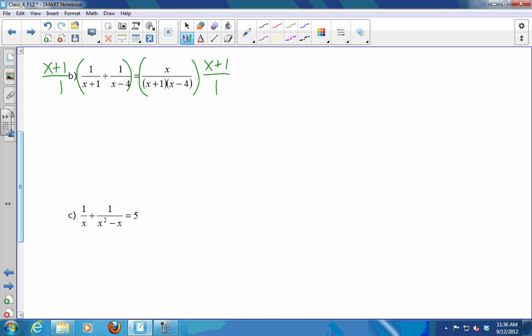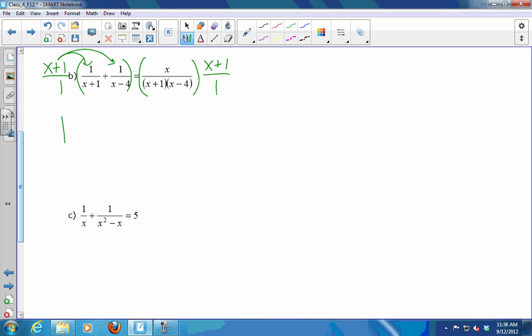And when you multiply by something, you can always write it over 1, right? So I just wrote that to remind myself that the x plus 1's in the numerator that I'm multiplying by. Okay, so I distribute. What is x plus 1 over 1 times 1 over x plus 1? 1. 1 in the numerator, 1 in the denominator, they cancel. Okay, now I have to distribute the x plus 1 to the other term. And when you multiply fractions, you multiply the tops, multiply the bottoms.